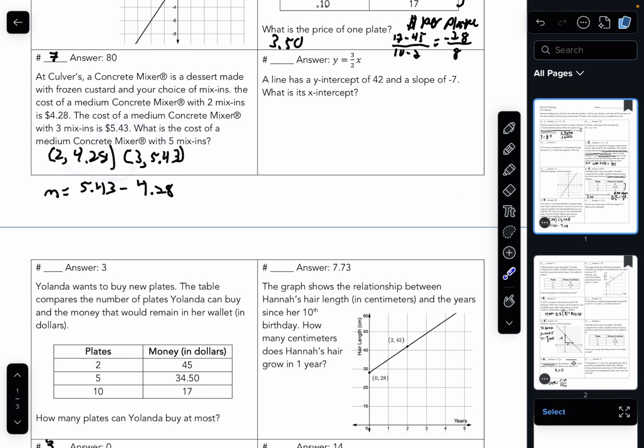Over 3 minus 2, which happens to be, thank goodness, 1. But I'll write it so you'll know where it comes from. So now with a calculator, we get 5.43 minus 4.28, which happens to be 1.15 over 1. And so the slope, the cost of the mix-ins, is $1.15 per mix-in.